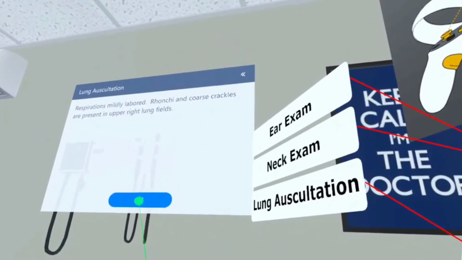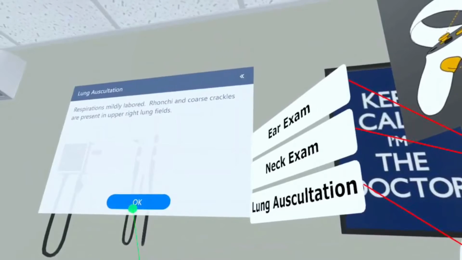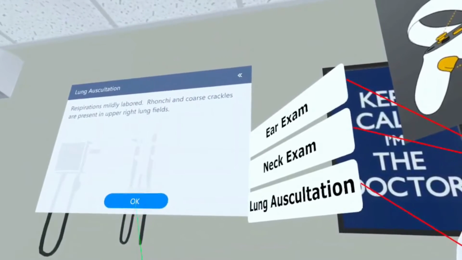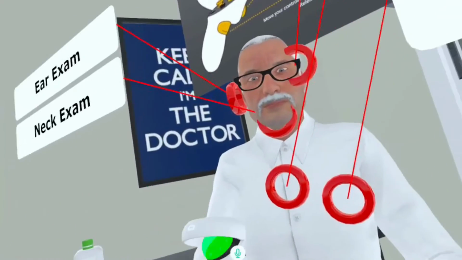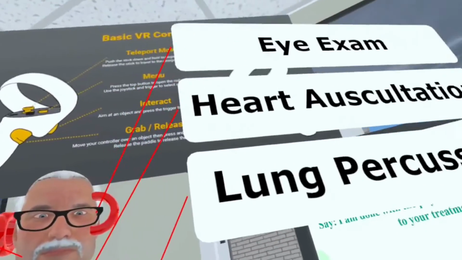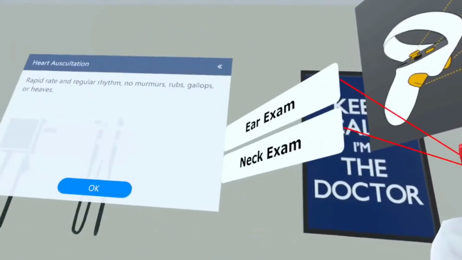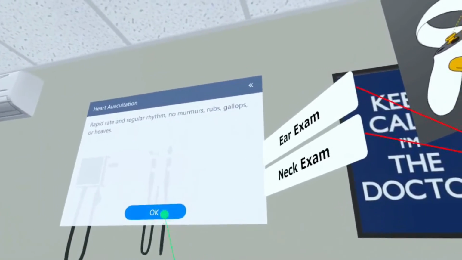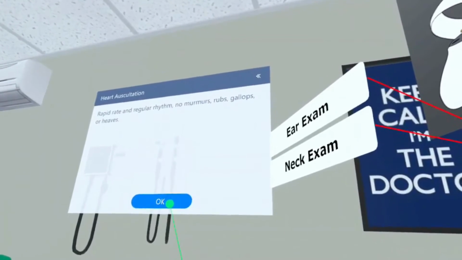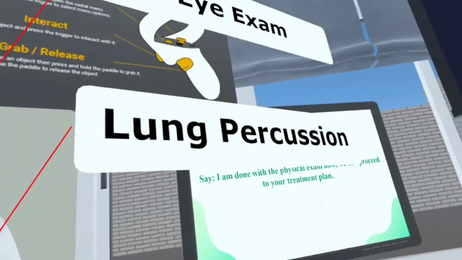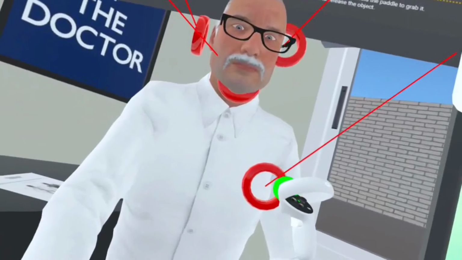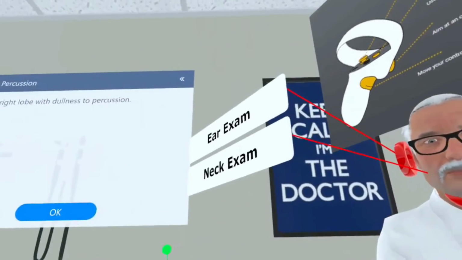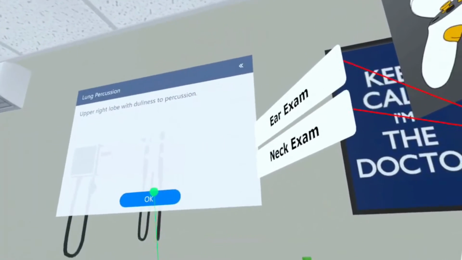Ronchi and coarse crackles are present in upper right lung fields. Rapid rate and regular rhythm, no murmurs, rubs, gallops, or heaves. Upper right lobe with dullness to percussion.